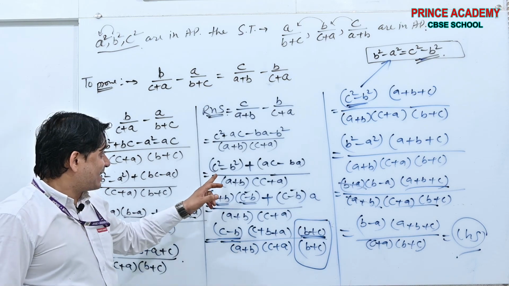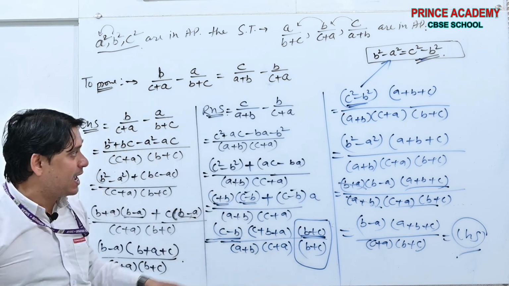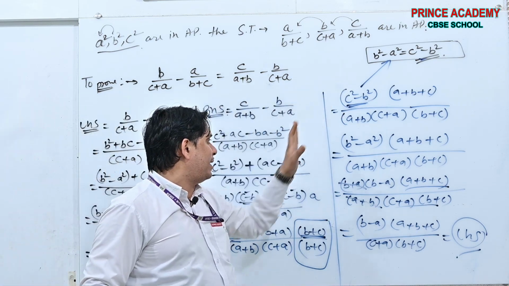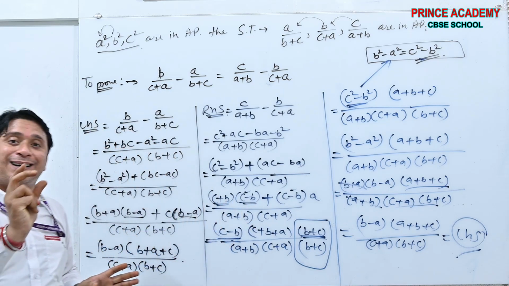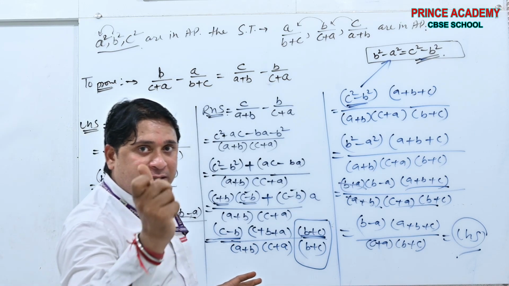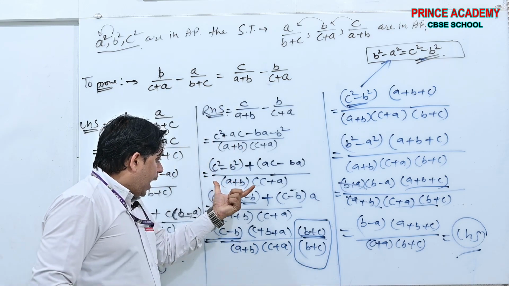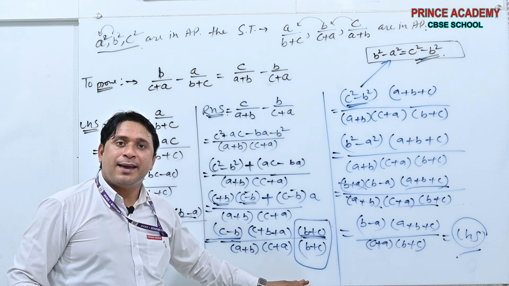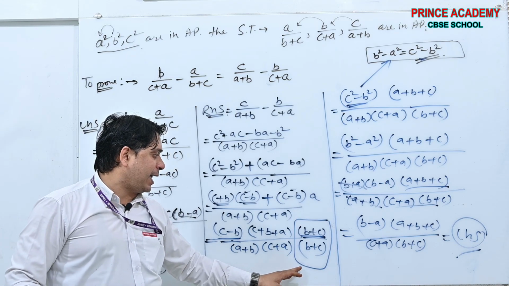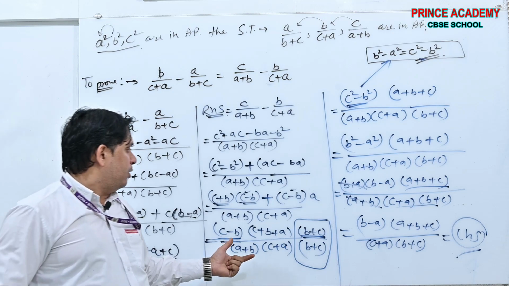Why? C square minus B square was there, and if we use this value here, there might be some students who can make a mistake. That's why I solved it like this and then added an extra step that can make you understand why we added it.